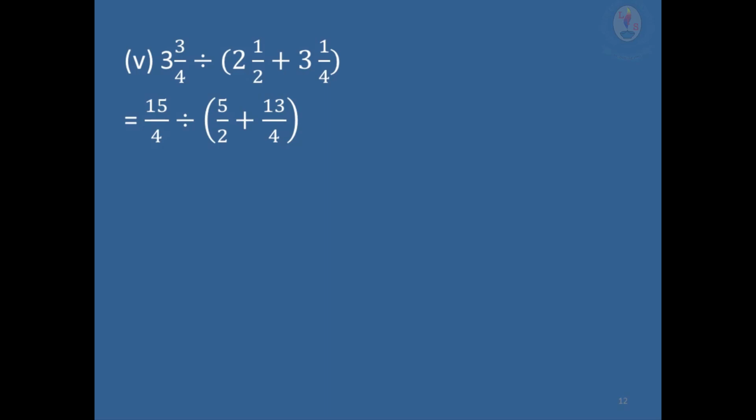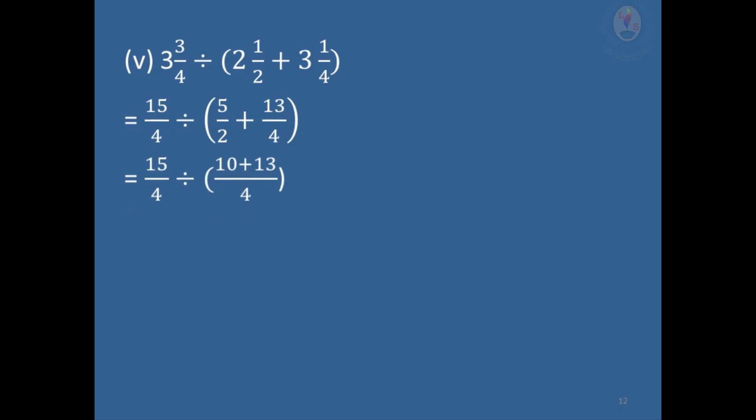Now we need to simplify the expression within this bracket. You can see an addition here. So we need to take the common denominator of 2 and 4. How can we find this? By finding the lowest common multiple of 2 and 4, we can find the common denominator. Then we are getting 4.